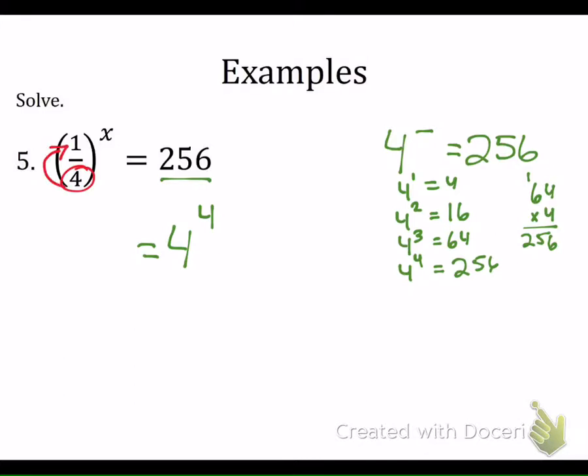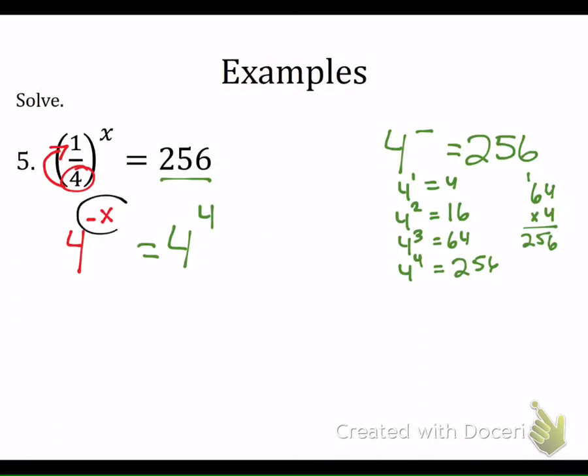When you take something from one part of the fraction and move it to the other, you're changing the sign of the exponent. So 1/4 to the x is the same thing as 4 to the negative x. Give it some thought. Process that for a second.